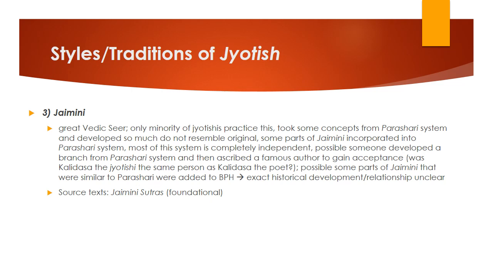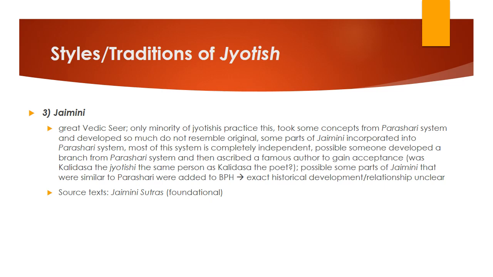It's possible that someone developed Jaimini as a branch from the Parashara system, and that when they wrote their book, they ascribed a famous author to gain acceptance of the system. And that was actually often done. So in the last slide, I talked about Kalidasa writing a book.